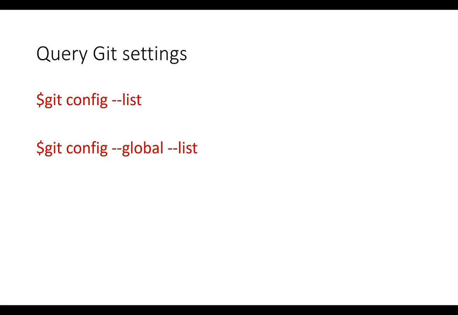You can use this option list to list all the Git configure settings. You can also add this option to list all the global settings.